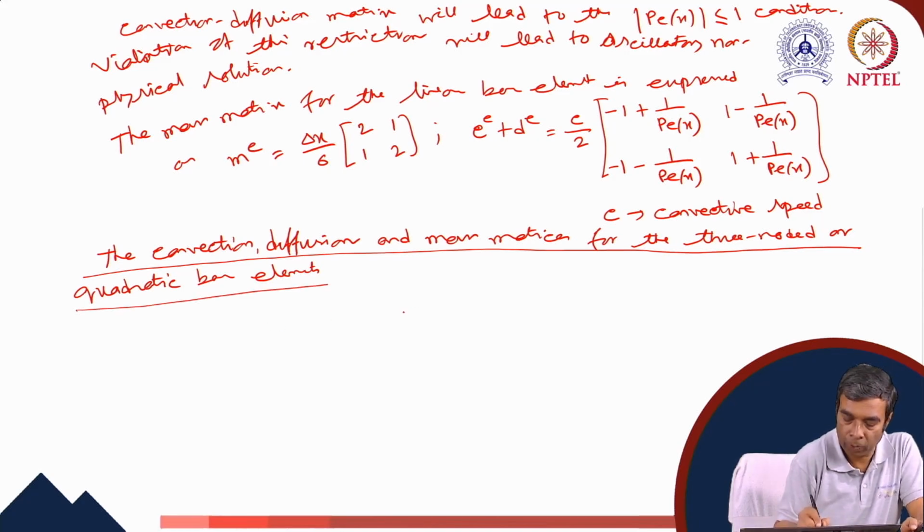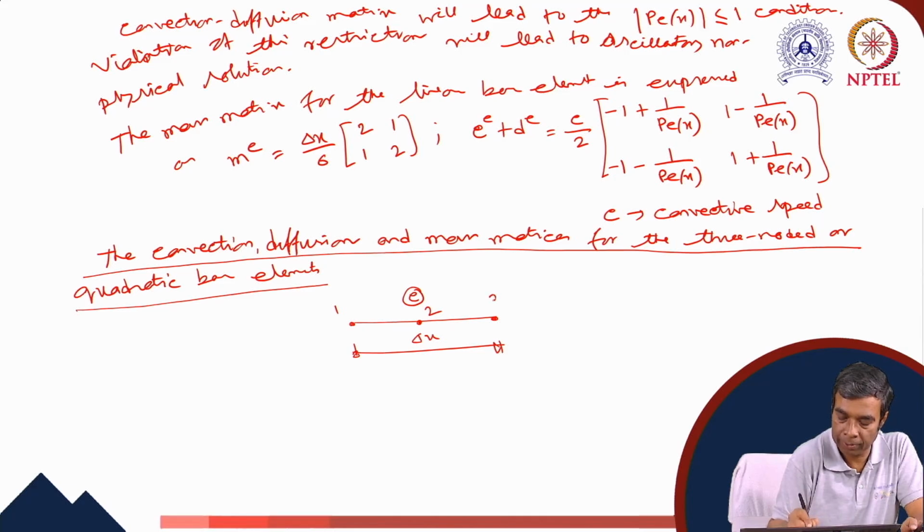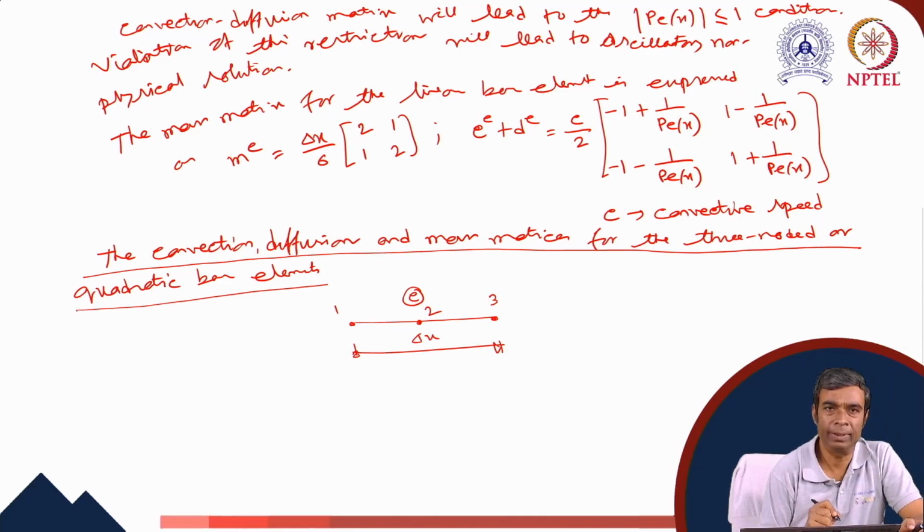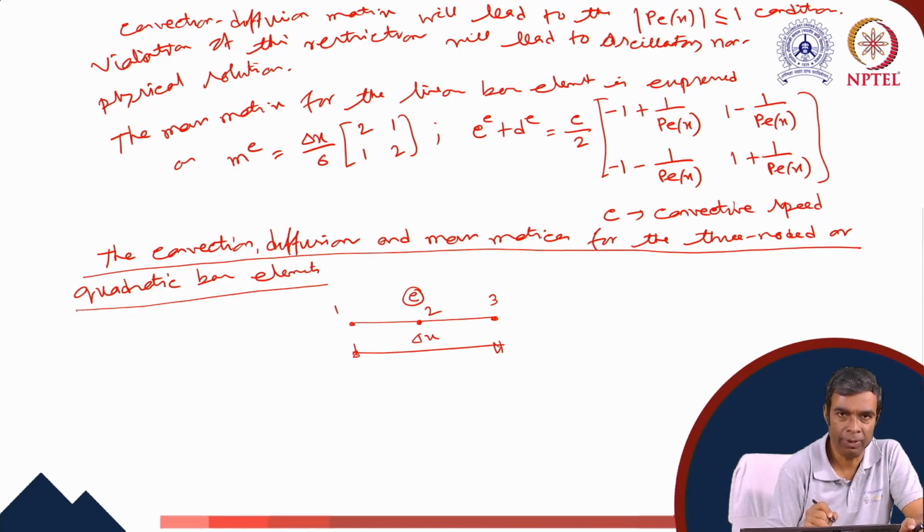So let us draw a quadratic bar element. This is element E. So delta x is the mesh size and local nodes are 1, 2 and 3. These matrices have already been calculated in module 7 or even before for the diffusion portion, and in module 7 we have shown the convection matrices.